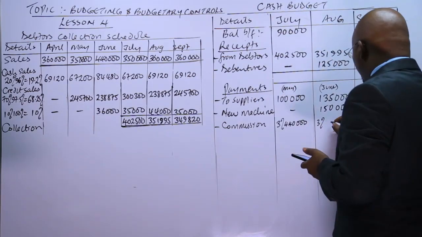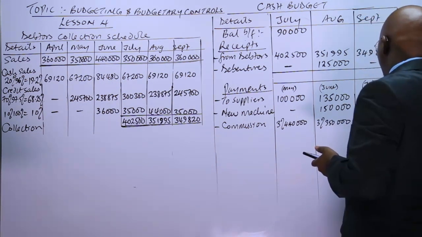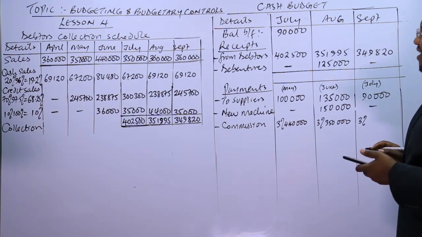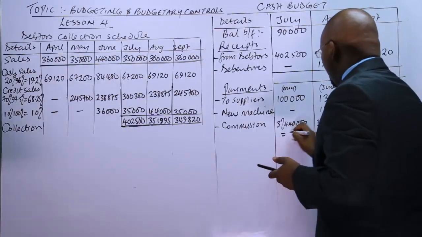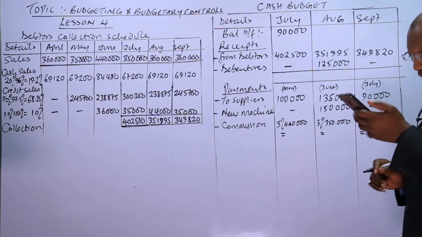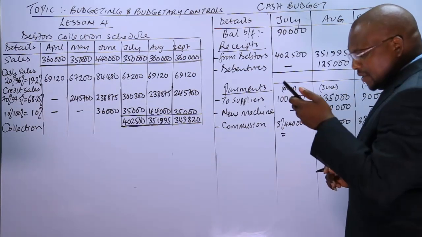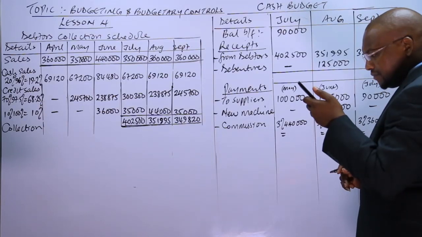July sales is 350. 3% of August sales is 360. So meaning I am recording in the month of payment. I'm paying 1 month after. 1 month after. So that means within 1 month of sale.